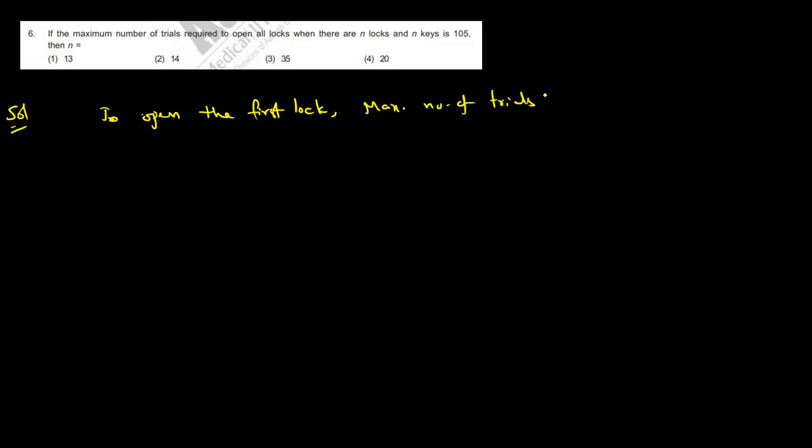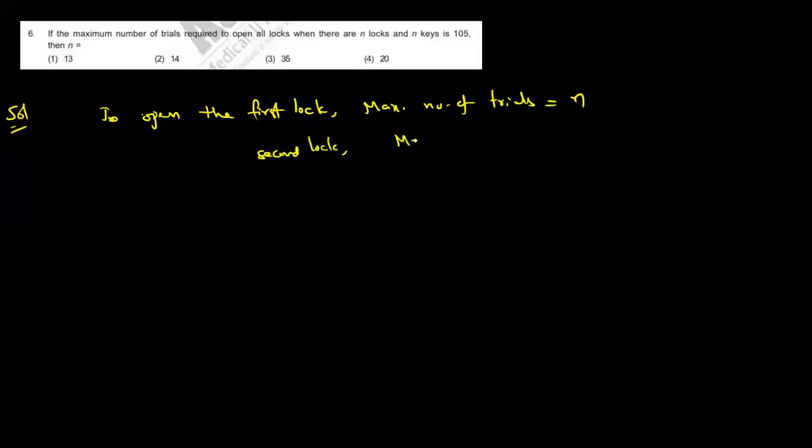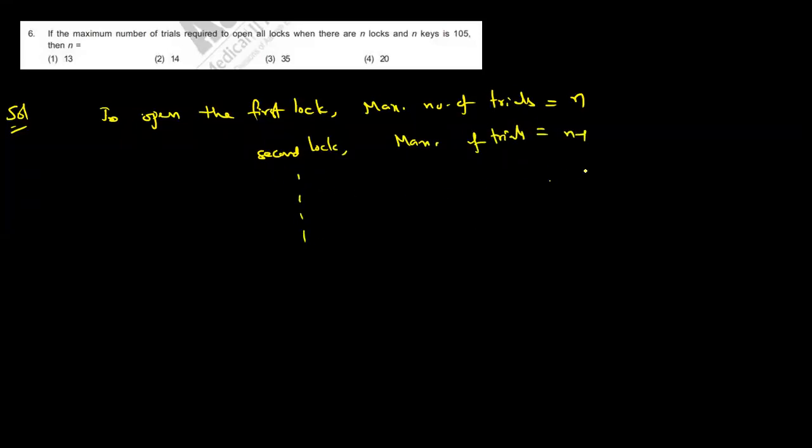How many are required for the first lock? What about the second lock? How many trials are required, maximum? That is n minus 1. And so on, the procedure continues: n minus 2. Then what can you say?